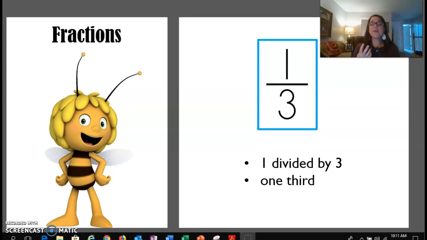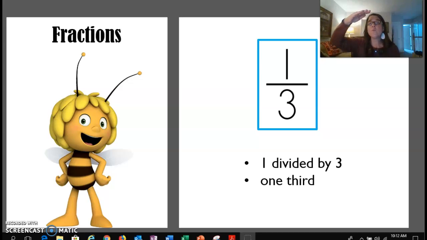So there are 2 ways that we can say that fraction. You see we've got 1 and a 3, right? If you look down below the box, I have 1 divided by 3. That fraction bar that separates the numerator from the denominator is a division symbol as well.